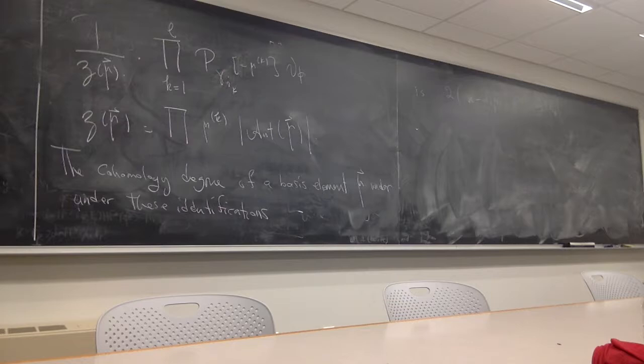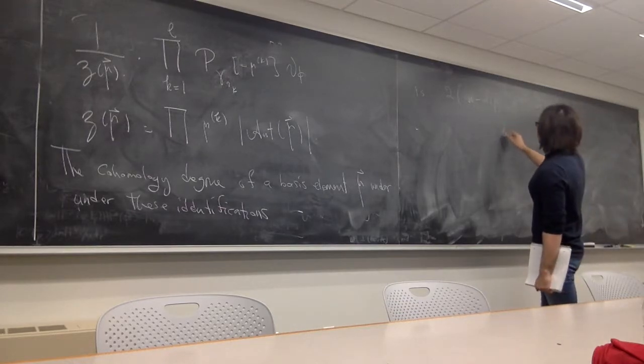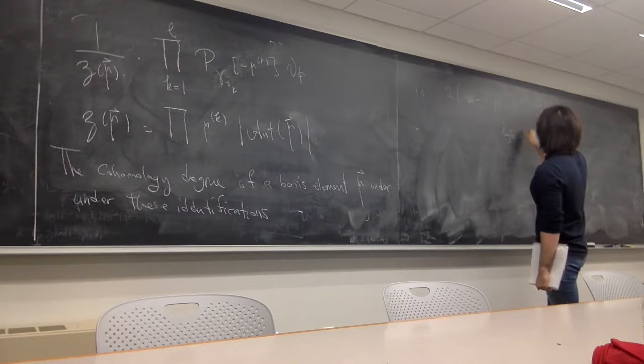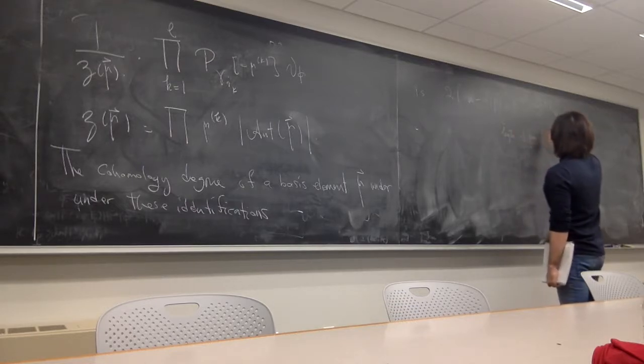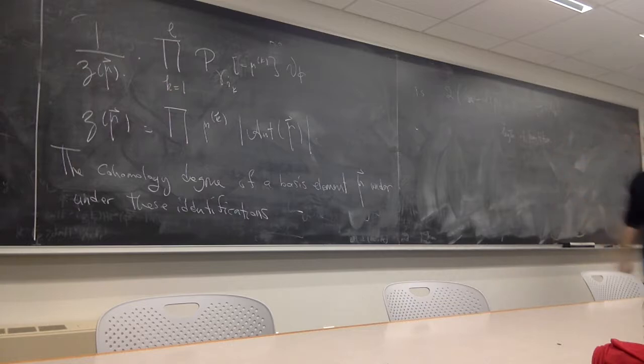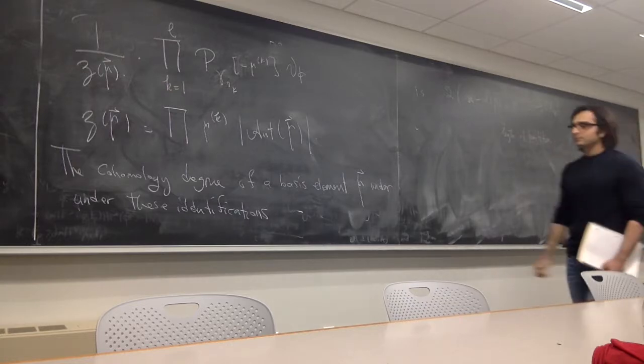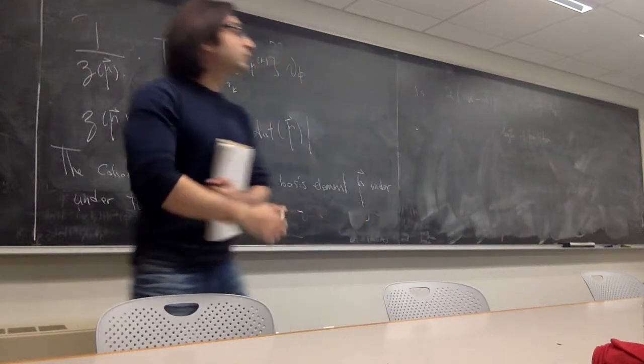So just recap what you said. So the length of partition. So those are a basis of the equivariant homology of all the x's together. That's right.